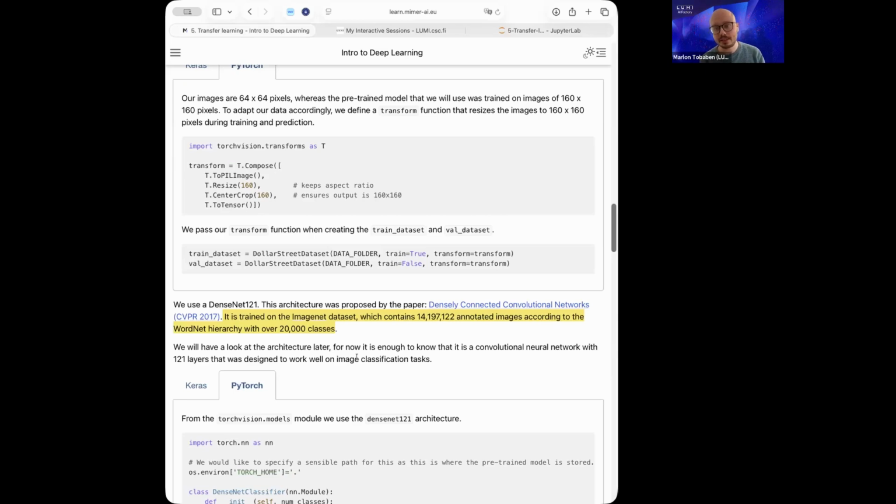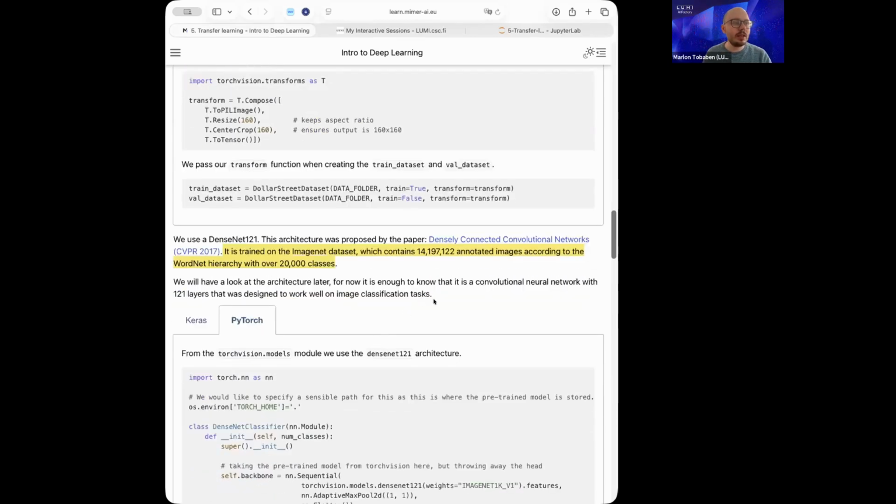If you think of this as a computational problem, this took a lot of compute already. The idea is that you don't do this yourself, somebody has done this, and you can build on top of it. Here it says we look at the architecture.